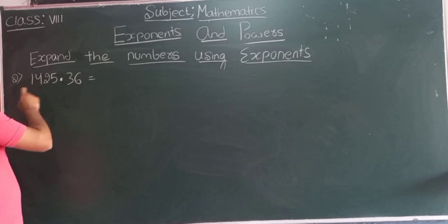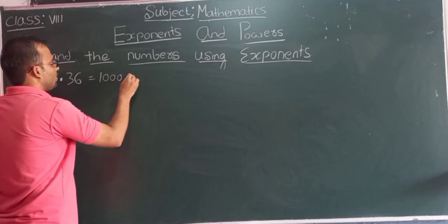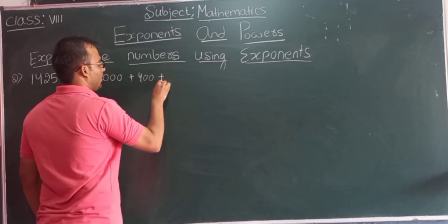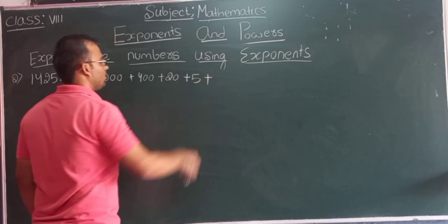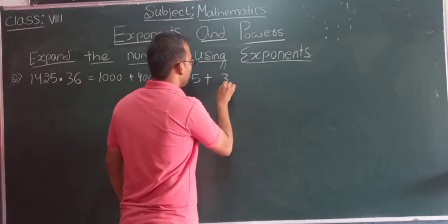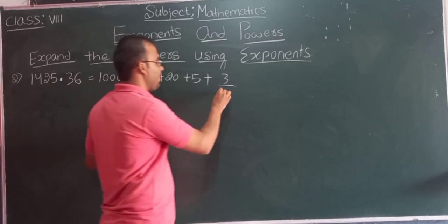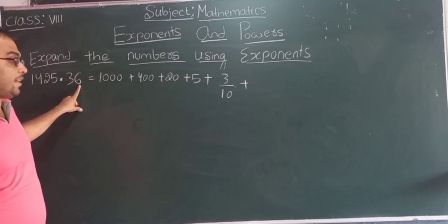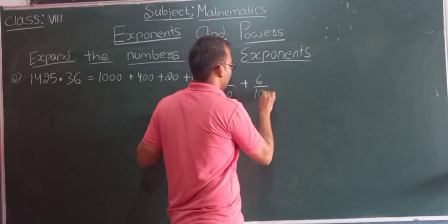Students, we can write this first as 1000, next 400, next 20, next 5. Then how to write the decimal? As I told you, as this is the tenth place, we can write 3 by 10 plus, and as this is the hundredth place, we can write 6 by 100.